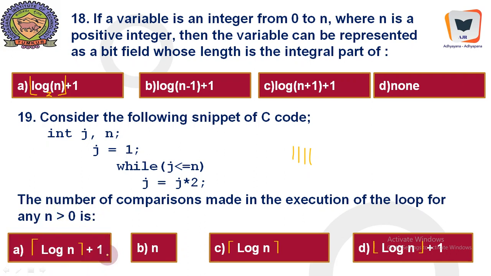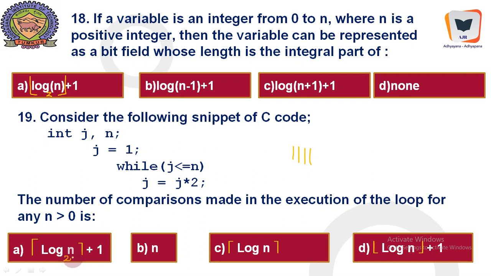Therefore the answer should be ceiling of log n plus 1. Here log n, once again I repeat, is log 2 of n, which is to what power 2 is to be raised in order to get back n.